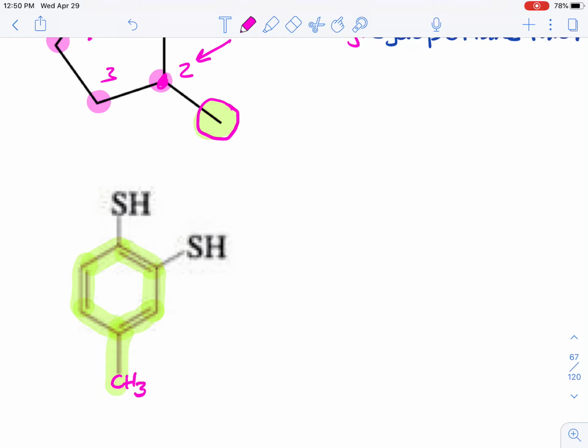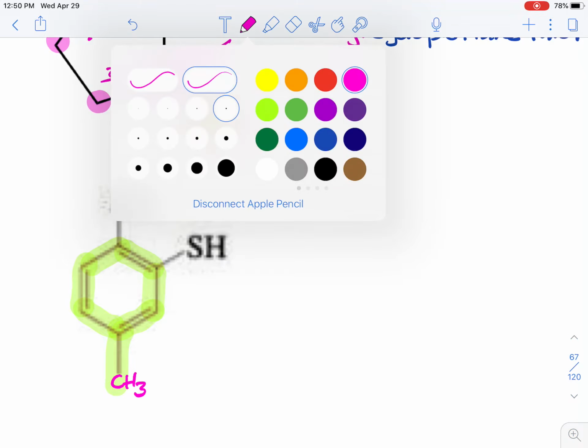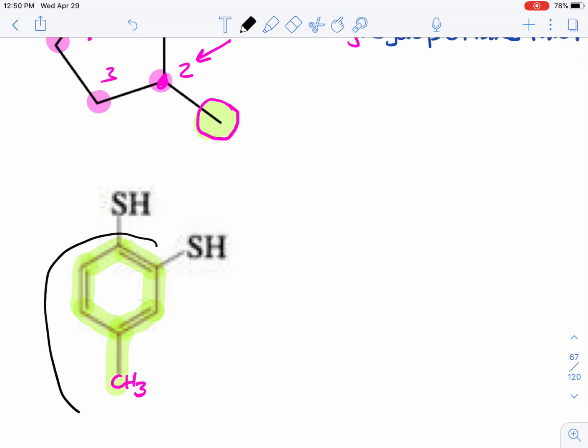When that benzene has a methyl group attached to it, we can name this whole section toluene. So we're going to use the common root name for a benzene with a methyl group attached to it.